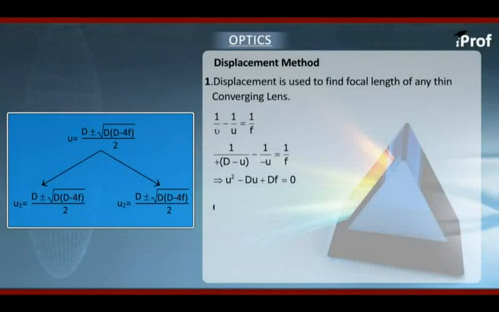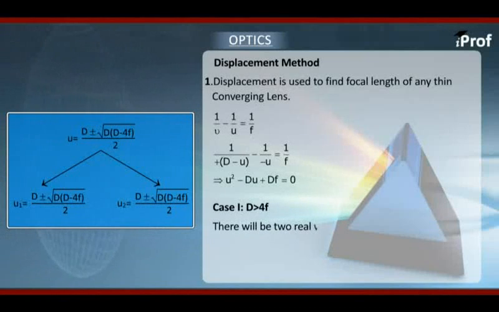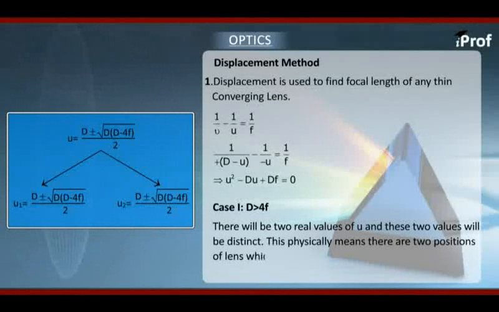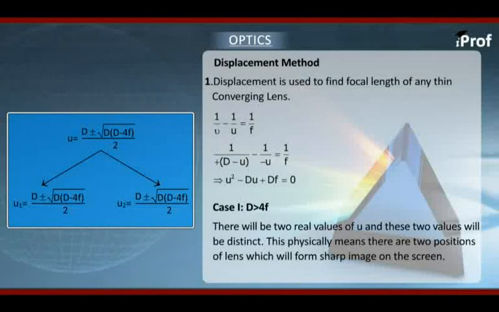Case 1. In case 1, we take the situation that D is greater than 4f. Now when D is greater than 4f, there will be two real values of u, and these two values will be distinct, and this physically means there are two positions of lens which will form sharp image on the screen.